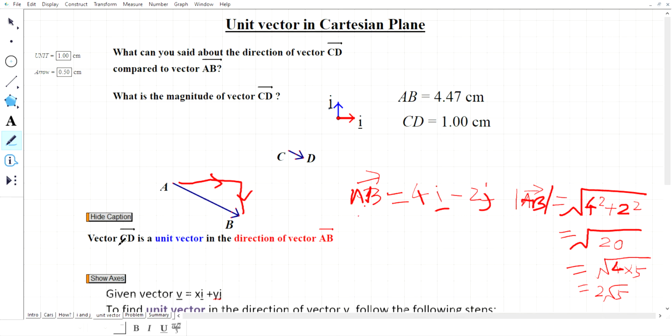So the unit vector in the direction of vector AB is equal to 4i minus 2j divided by 2 square root 5.